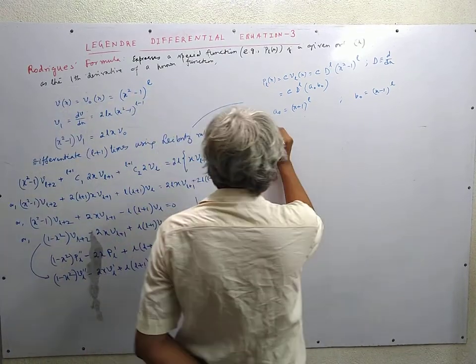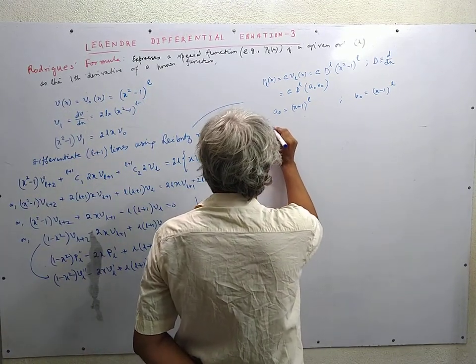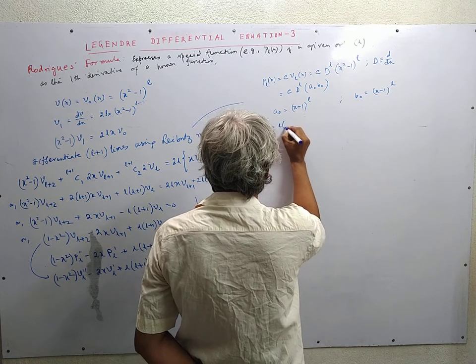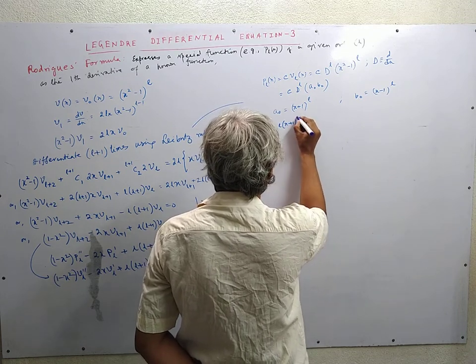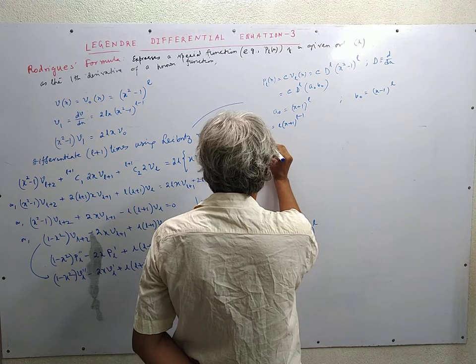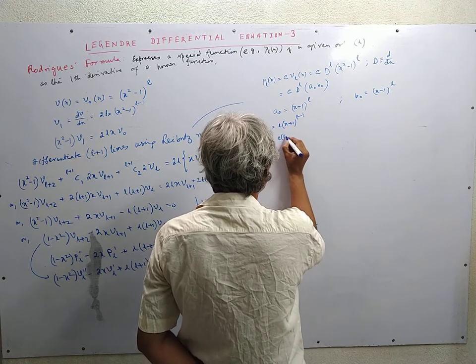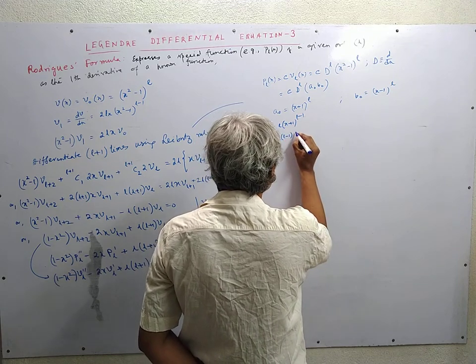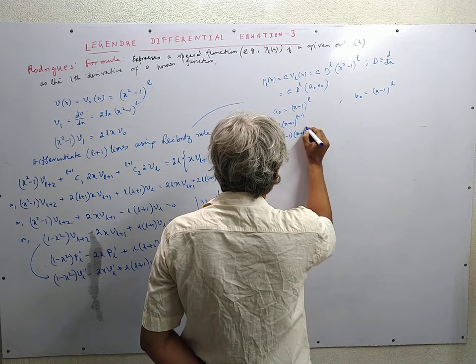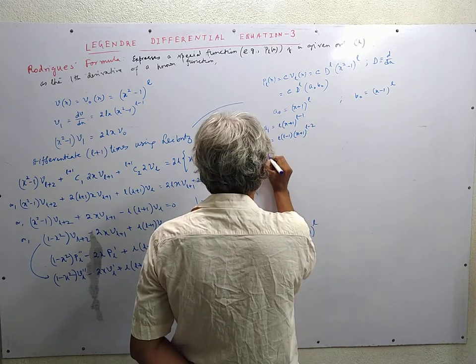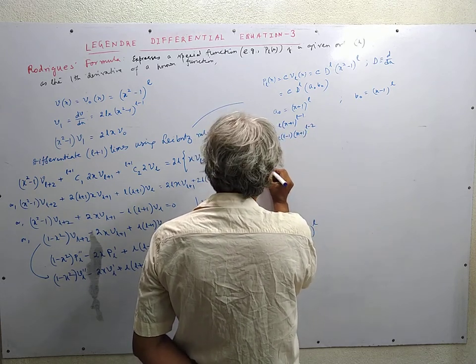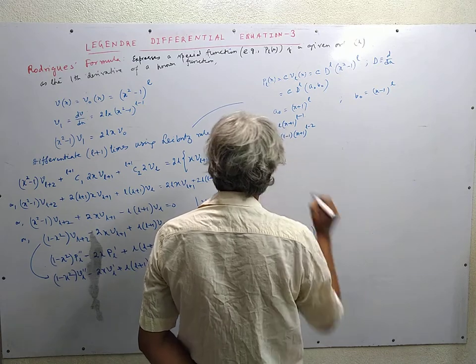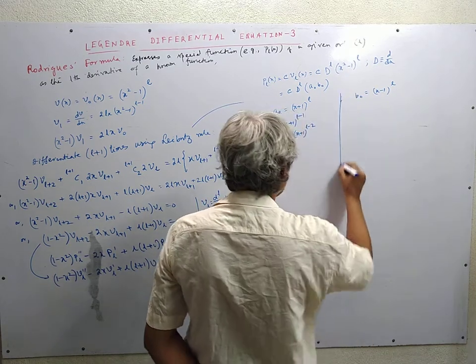Now what is A1, the first derivative? The first derivative is L times x plus 1 to the power L minus 1. A2 is L into L minus 1 times x plus 1 to the power L minus 2. Going in this way, AL is equal to factorial L. Now coming to the BL part.